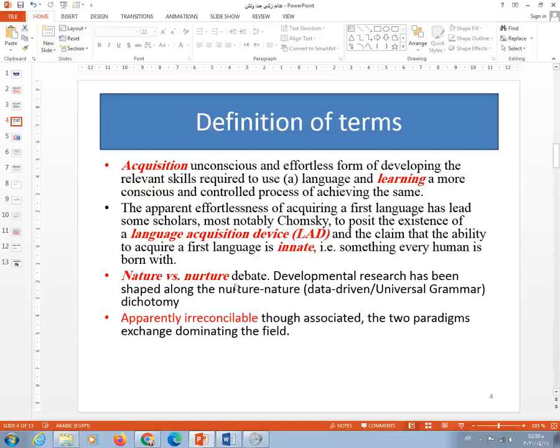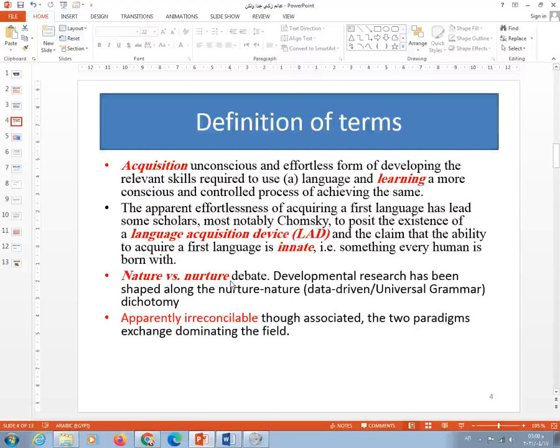The first has to do with the idea that we are born with the language faculty, and the second advocates the proposition that we learn language from communication with the community and with the environment. Language is not something innate. It's something data driven and so on.